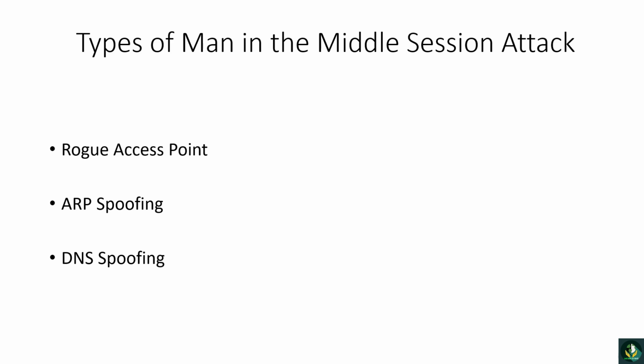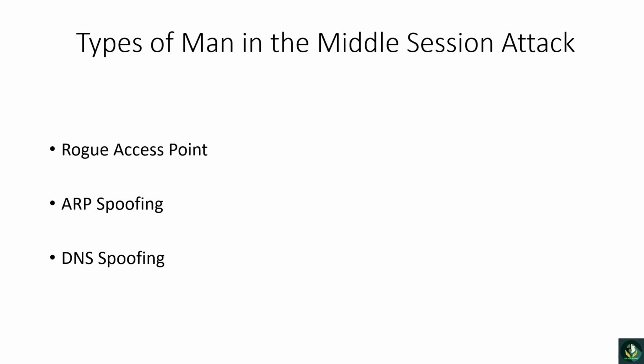When one host needs to communicate with another host with a given IP address, it must first reference the ARP cache to resolve the IP address to a MAC address. An attacker performing ARP spoofing responds to this request with its own MAC address. So by intercepting traffic to legitimate users or services, an attacker can gain access to information like session tokens that allow them to hijack the session.